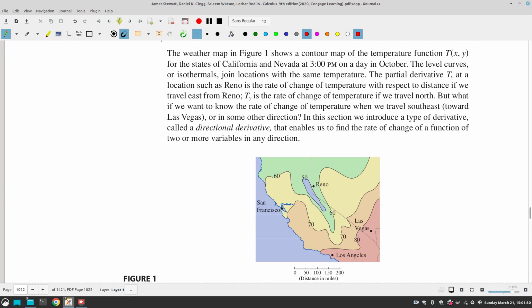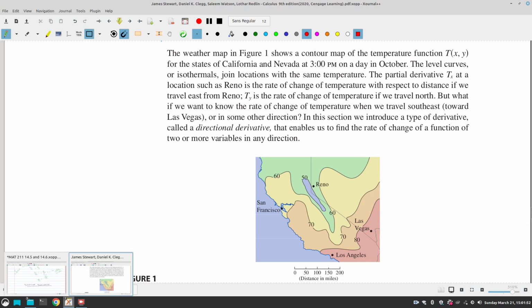Let's say you want to see how temperature changes when, instead of going along the x or y directions, you go along an arbitrary direction.